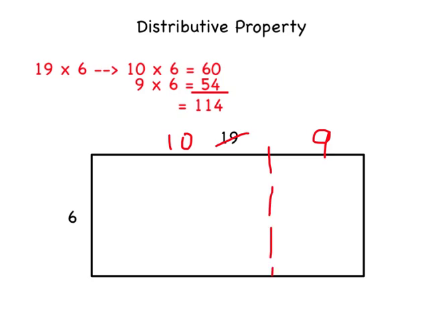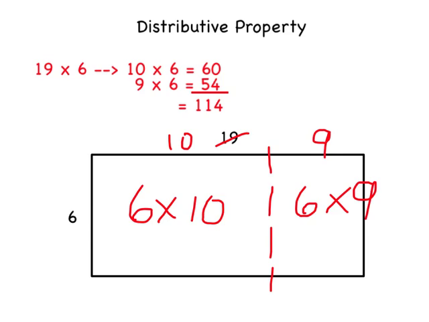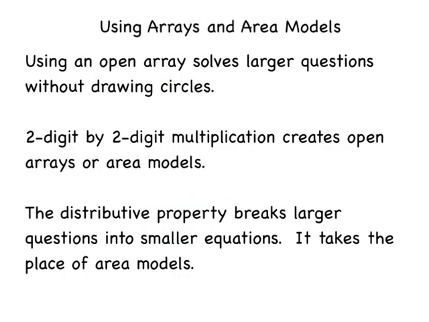So this area here would represent 6 times 10, and this area here would represent 6 times 9. So you can see here that I get the same equations that I did over here. Okay, it doesn't matter that the numbers are flipped. So once I add these products, I would get the original answer for 19 times 6.